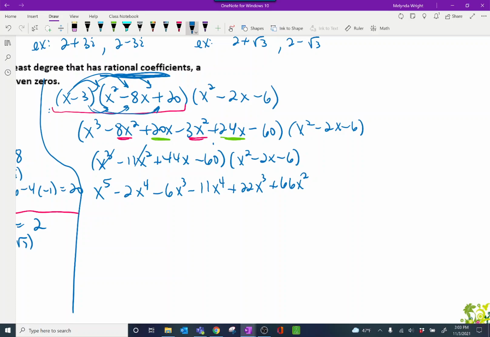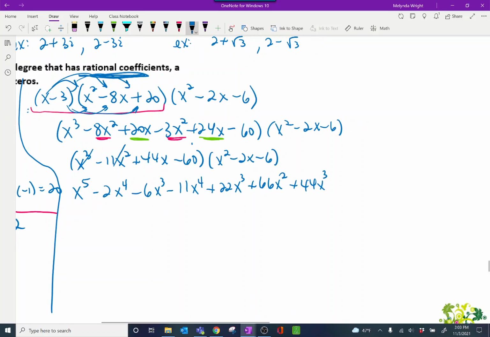So 44x times x squared would give us 44x cubed. 44x times negative 2x is negative 88x squared. Okay, 44x times a negative 6. Oh my goodness.